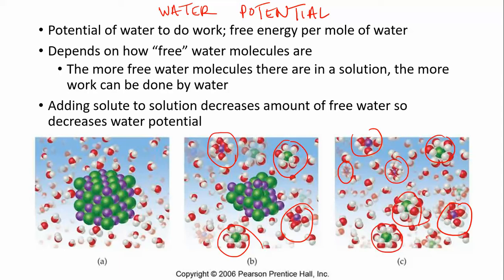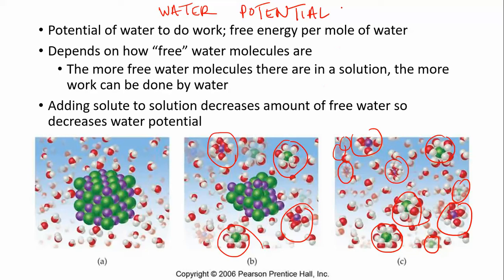And the consequence of this is you start out with a certain number of water molecules in a container of water. You add solute, and as you add more solute, more of the water molecules start getting bound up to the solute, which is going to actually decrease your water potential.